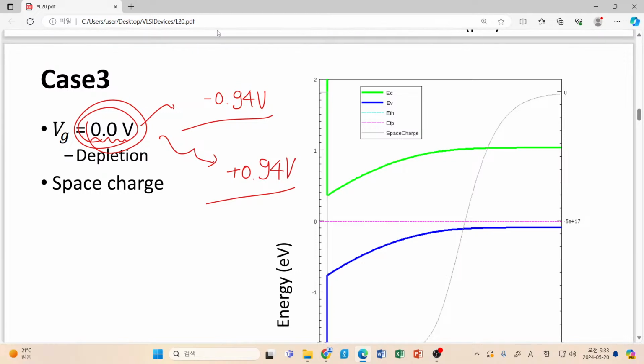So what you can expect is, if we have a MOS structure, we will have positively charged particles even though we apply 0 volt, and negatively charged particles in this silicon substrate region.